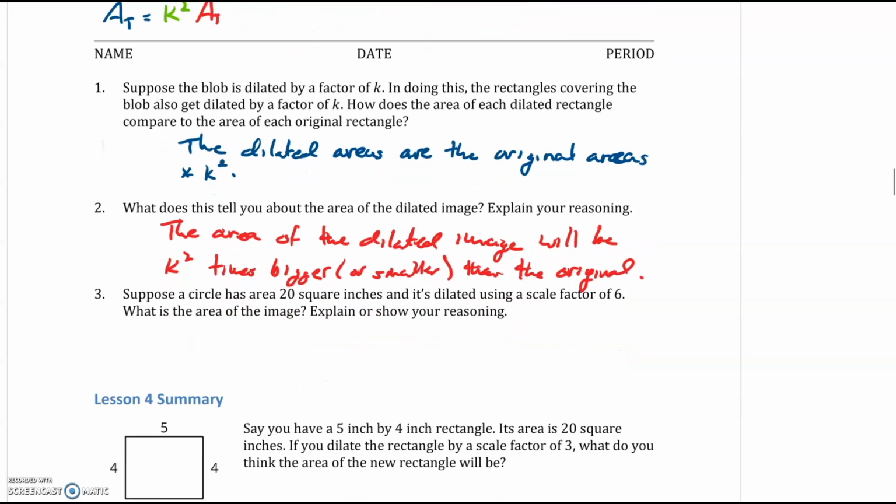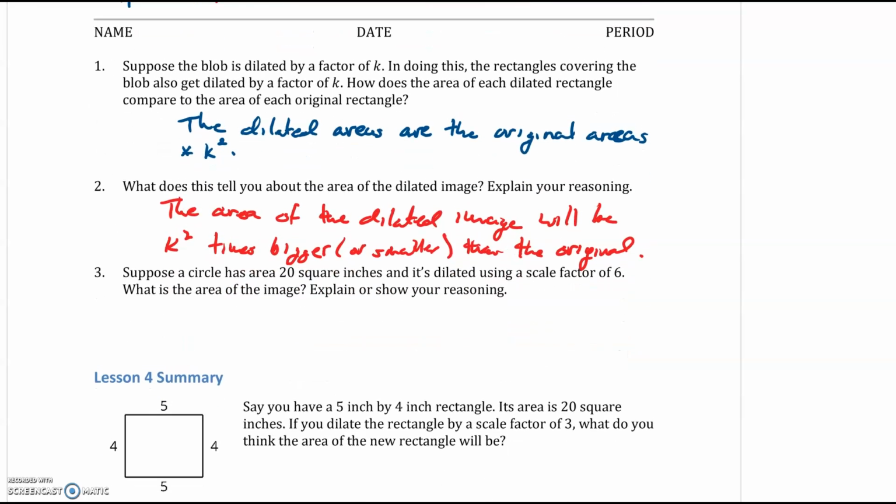Going on to number 3. Suppose we have a circle that has an area of 20 square inches and it's dilated using a scale factor of 6. What is the area of the image? So if I have a circle, the area of this circle is 20 square inches. I know it's going to be dilated using a scale factor of 6.